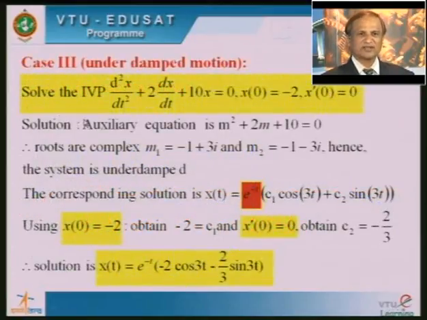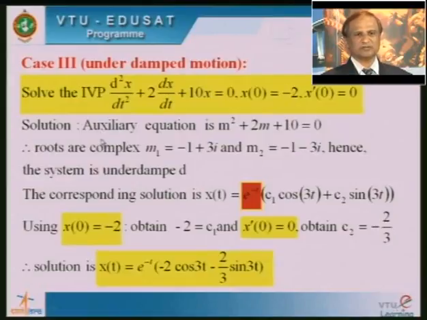We can solve one such example, maybe in this form: d square x upon dt square plus 2 times dx by dt plus 10x is equal to 0, x of 0 is equal to minus 2, x prime of 0 is equal to 0. So, in the usual form we can write down the auxiliary equation.